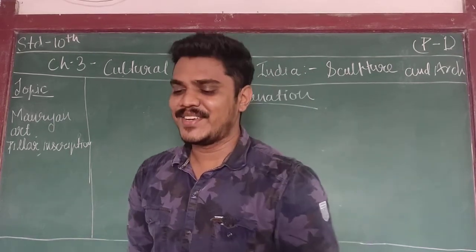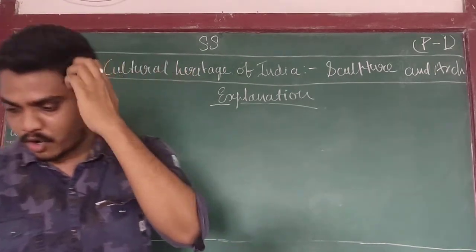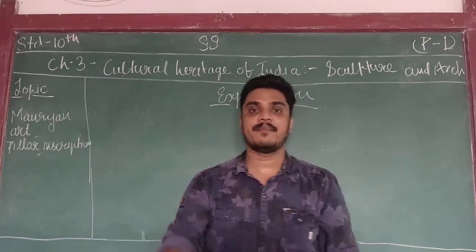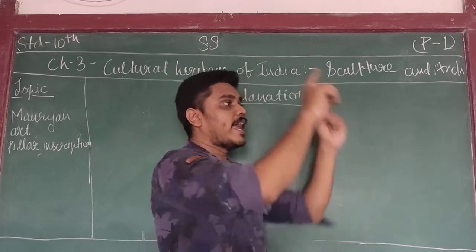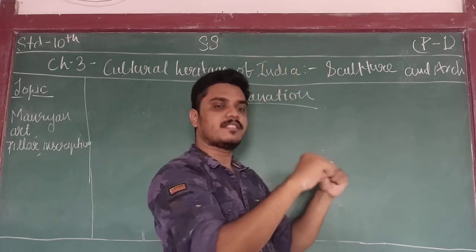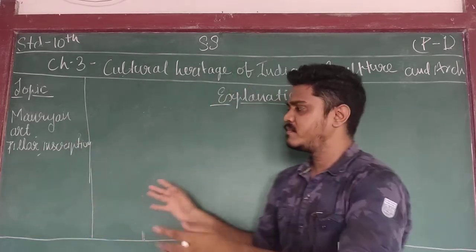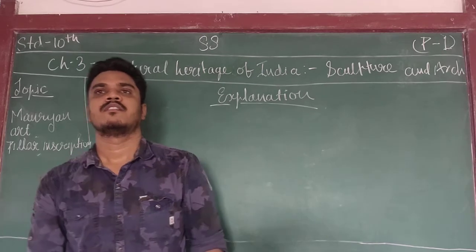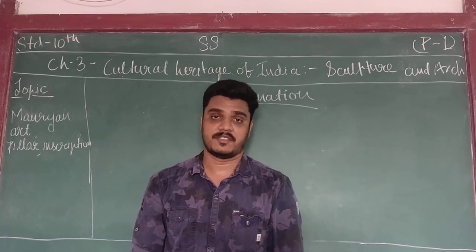But continue. Okay? We have the elephant and horse. The entire Dharma chakra has been used in our national emblem, and the Dharma chakra is used in our national flag, and the lions and animals and the pillar and the spiral, all these are used. Got it? So these are the things that we should know about our ancient history.